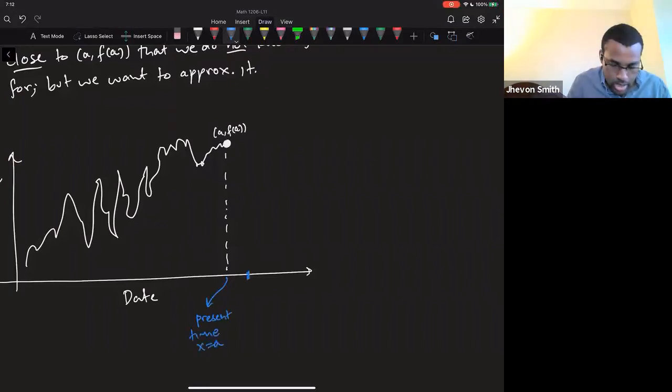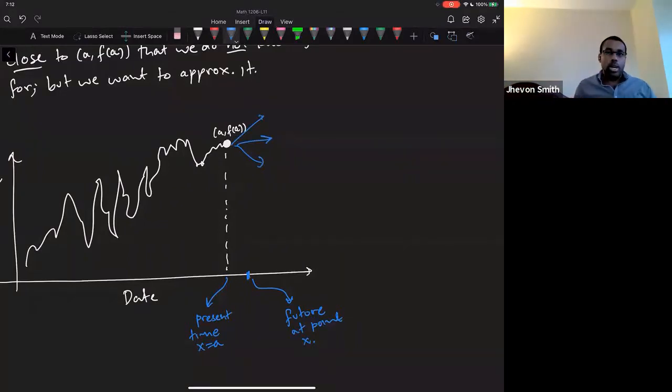And there's a point here in the future, at point x. Now, you don't know what that is. It could go up, it could go down, could go straight. We don't know where it's going to be. What we could do, however, is construct a tangent line here.